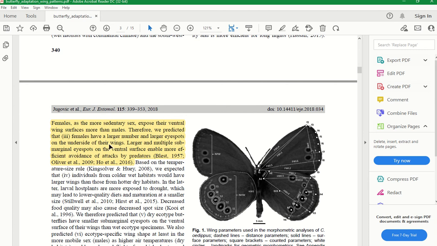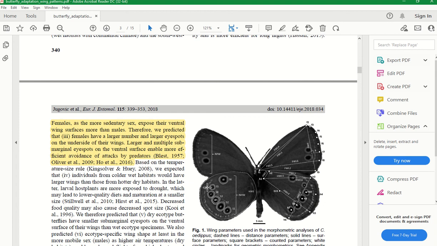So here the authors are talking about what they predict is going to happen with their research, based on a lot of information from previous literature on this topic. Therefore, we predicted that females have a larger number and larger eye spots on the underside of their wings. Larger and multiple submarginal eye spots on the ventral surface enable more efficient avoidance of attacks by predators.